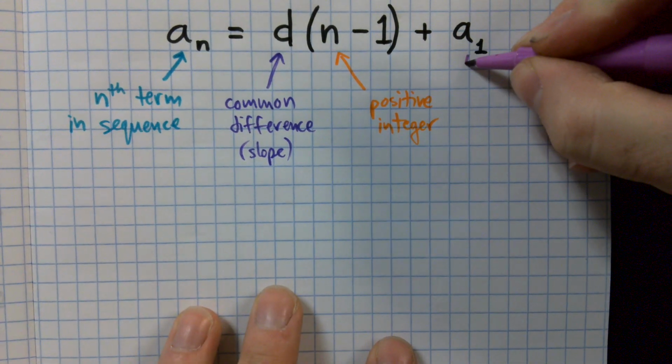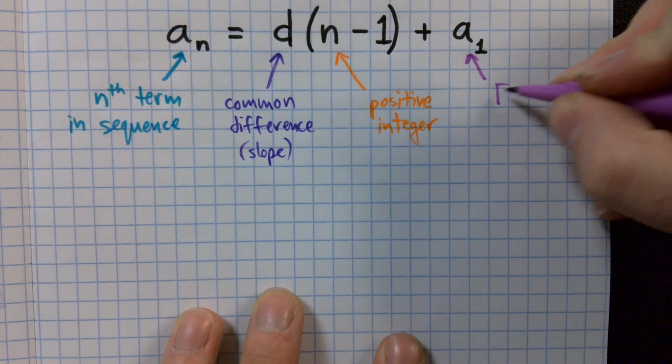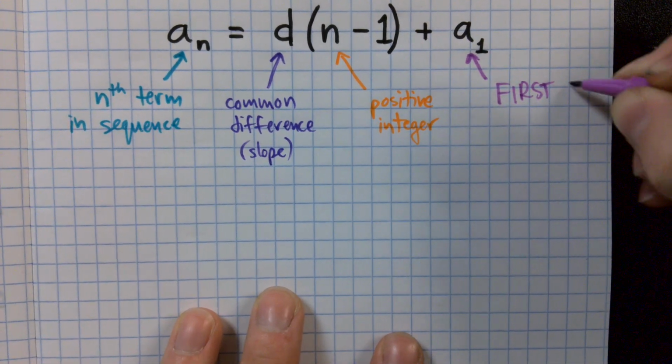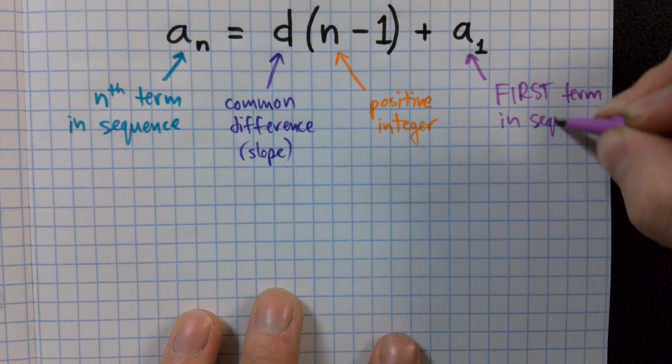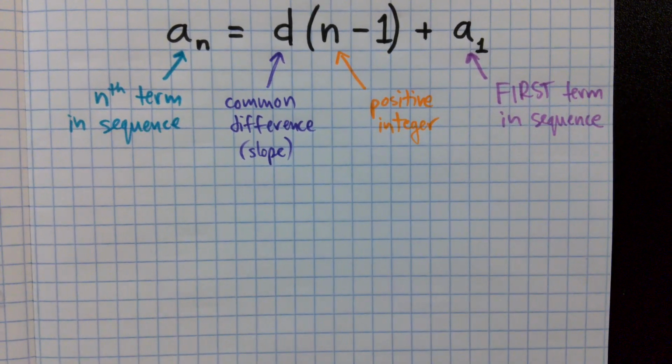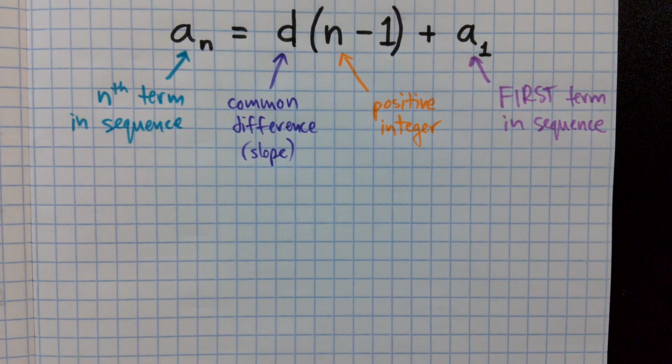And a sub 1 represents our first term in the sequence. Right? If a sub 1 is our first term, then a sub n is our nth term.